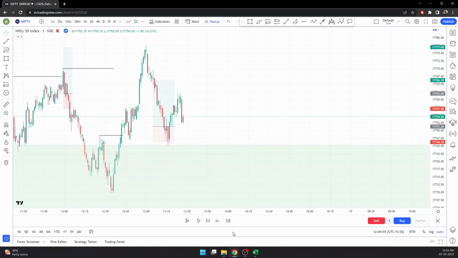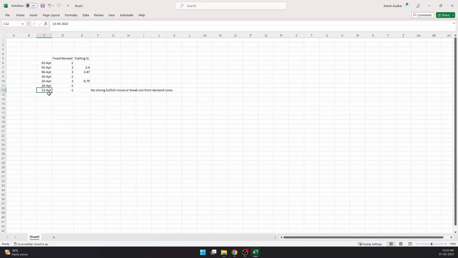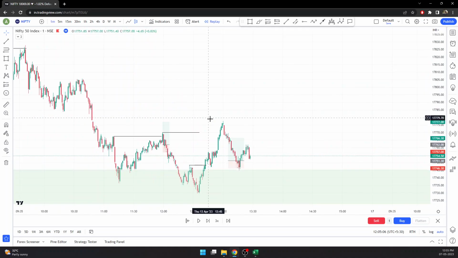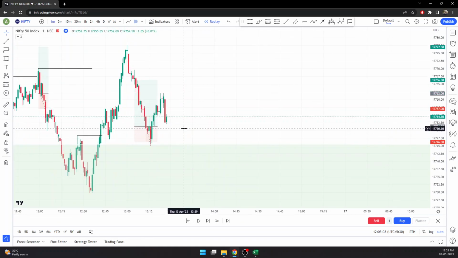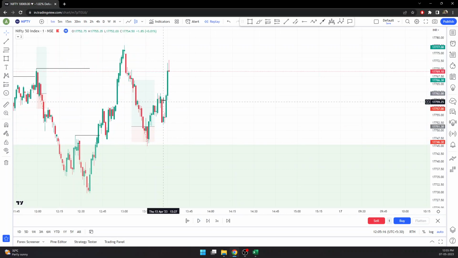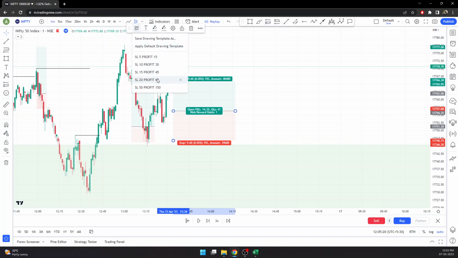SL hit on 13th of April again. And the point to note is we are currently in the supply zone, so this is what actually happens, right? So due to volatility reason. So let me see if we can get one buying entry from here.